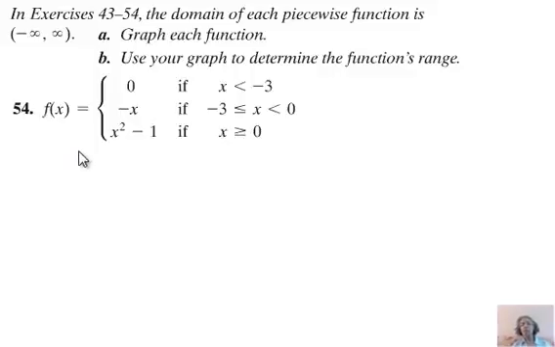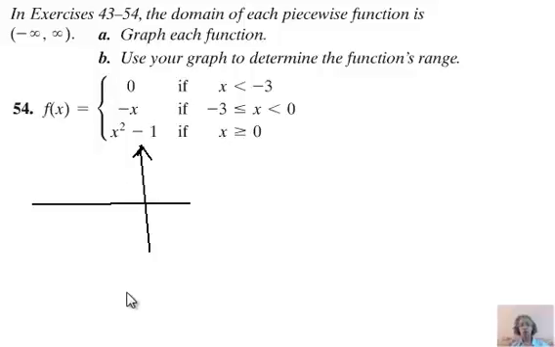So that means for all values of x less than negative 3, I'm going to have a y value of 0, which would be the negative x-axis for all x less than or equal to negative 3.